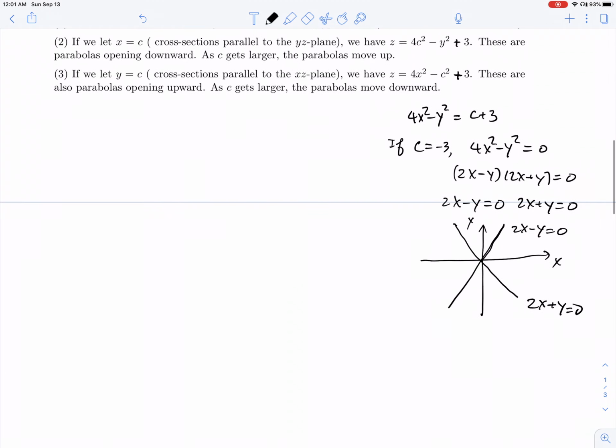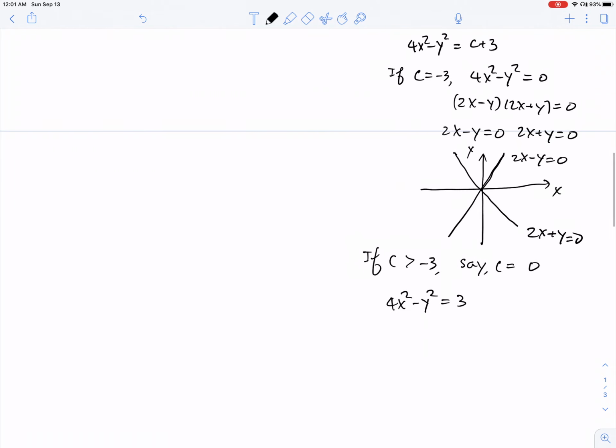Now, if c is greater than negative 3, let's say, for example, c is equal to 0, then we have something like this: 4x squared minus y squared is equal to 3. Now, what kind of curve do we have over here? You see over here, if y is 0, then 4x squared is equal to 3, and x is going to be plus minus square root of 3/4.